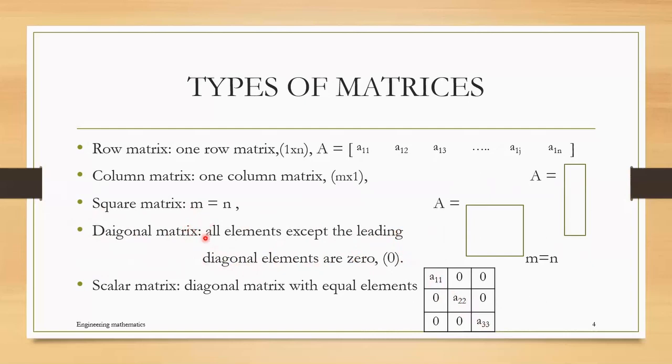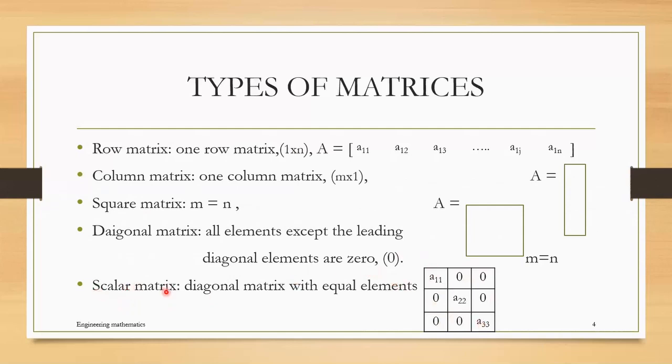But before it can be diagonal, it must satisfy the condition that it should first be a square matrix. Then all elements except the leading diagonal elements are zero. So this is a square matrix, with some values on the leading diagonal and every other value zero.